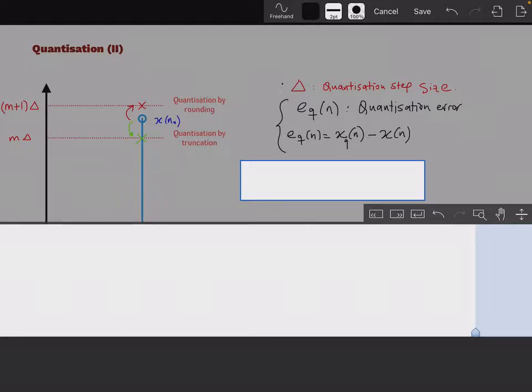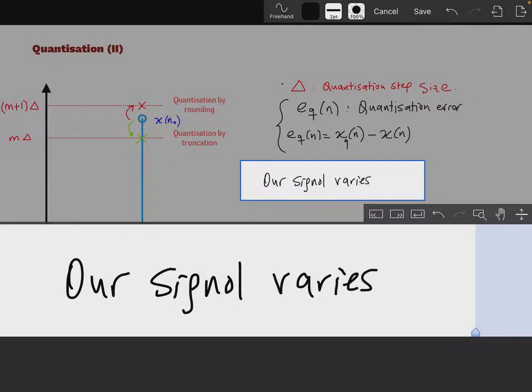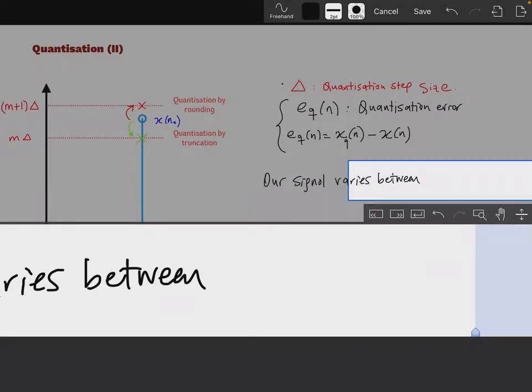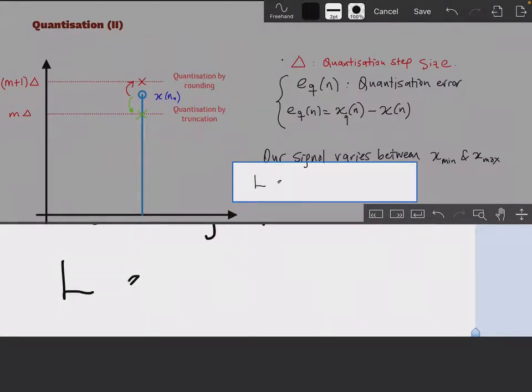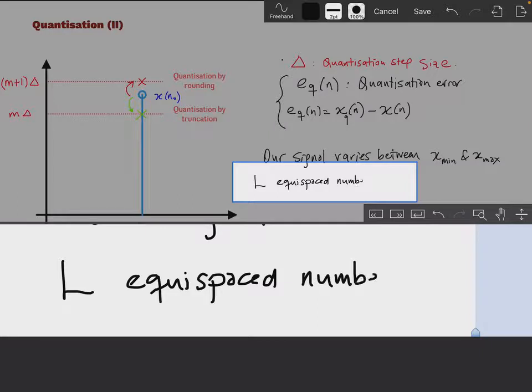Let's say that our signal varies between x min and x max, and we are using L equispaced numbers to represent it.